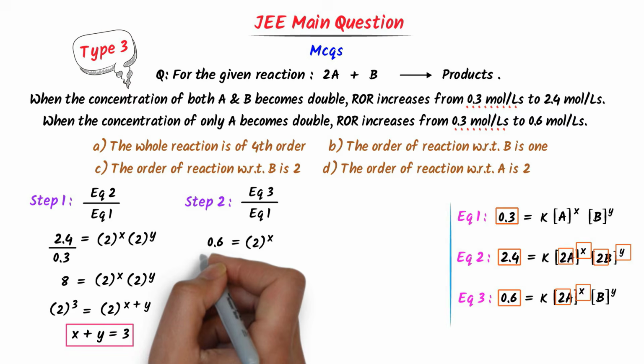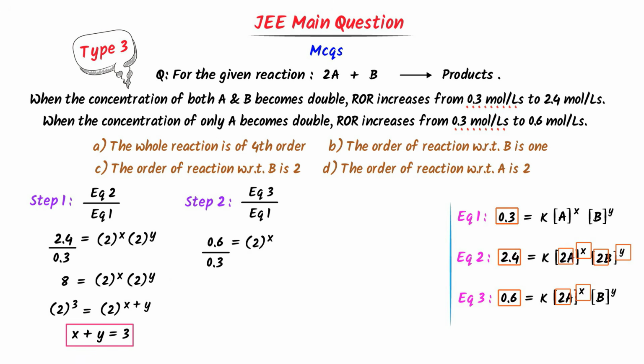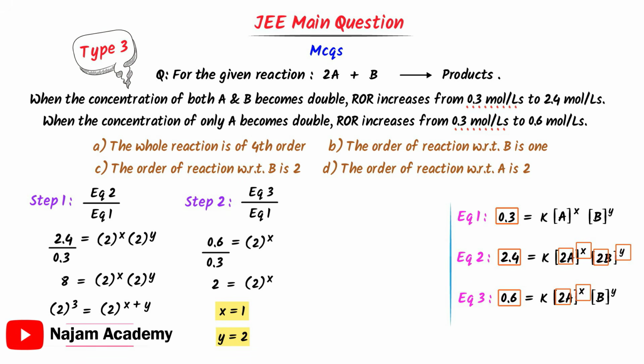I divide equation 3 by 0.3. After calculation, I get 2 is equal to 2^x, or x is equal to 1. We have already calculated that x plus y is equal to 3. I put the value of x in it. I get y is equal to 2. Thus the value of x is 1 and that of y is 2.